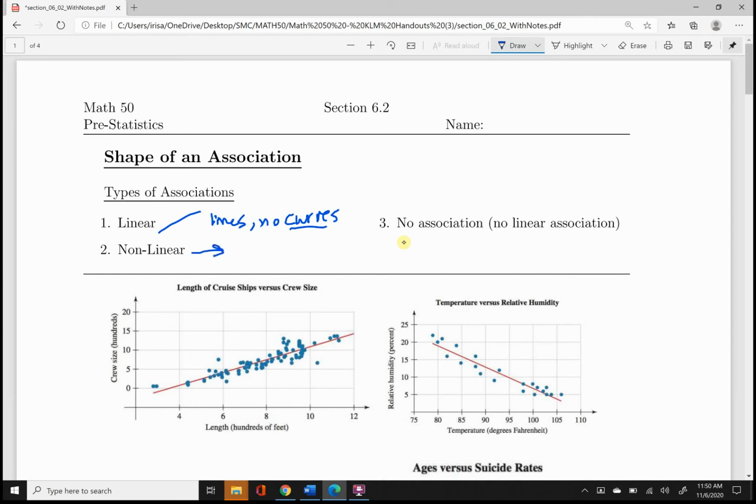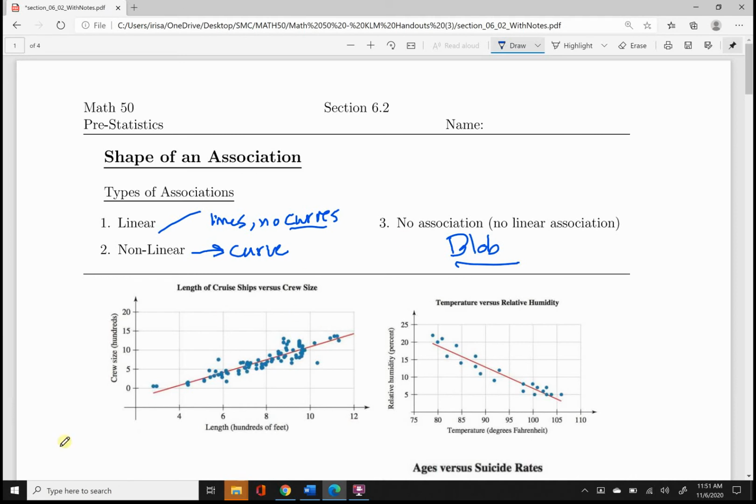So it'll be a curve basically that the data will fit into, and no association is basically the scatter plot looking more or less like a blob, like there's no trend either way. As you scan from left to right, there's just a bunch of dots all just kind of randomly placed and more or less evenly distributed throughout the space associated with the coordinate plane in which it's plotted.